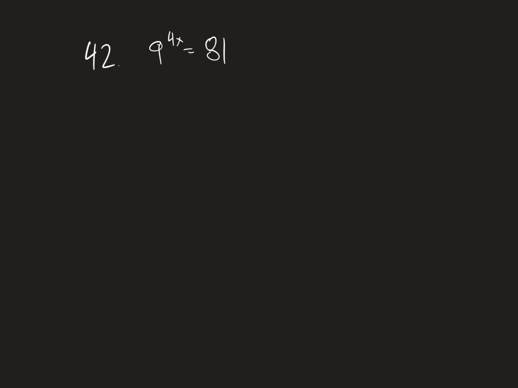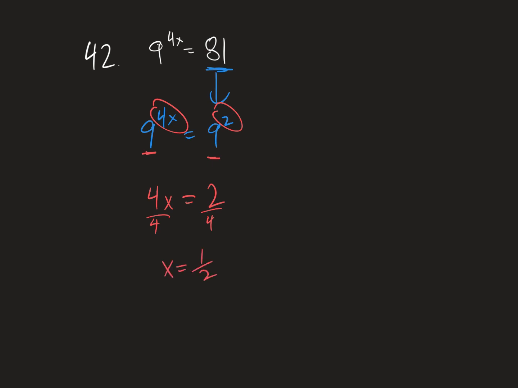So the first thing I noticed is, well, 9 and 81 both come from the same number. 81 can be rewritten as 9 squared, and that is 9 to the 4x. So since these are both base 9, they are equivalent, which means my 4x and 2 must also be equal. And if you divide by 4, you will get that x is equal to 1/2.